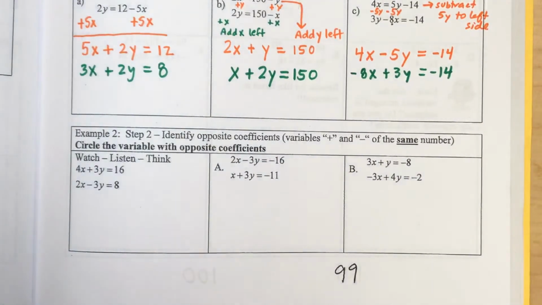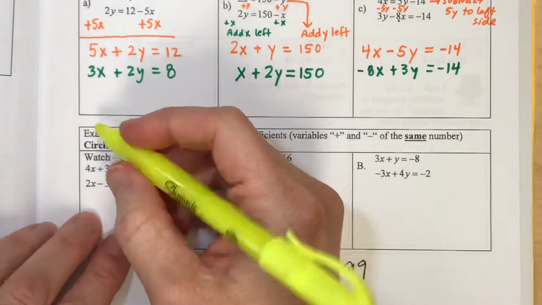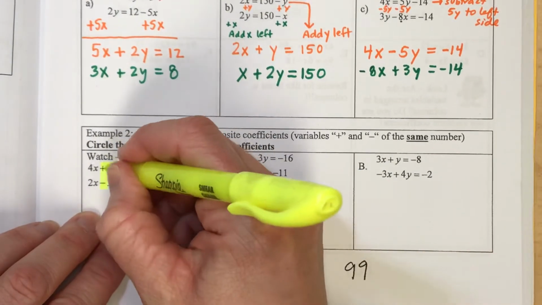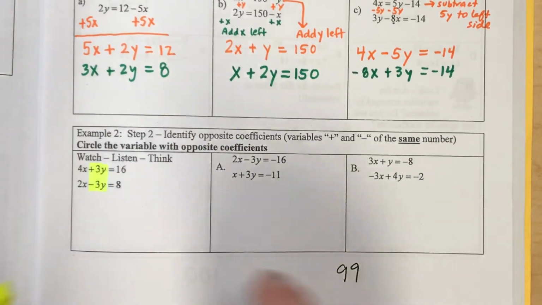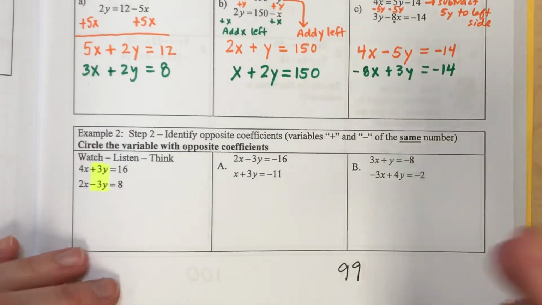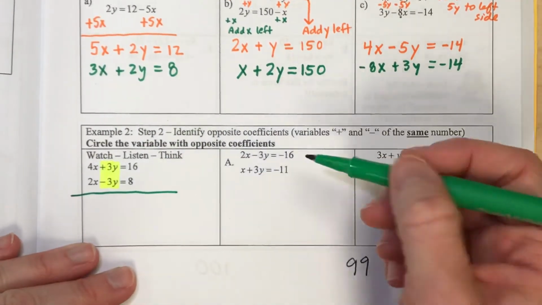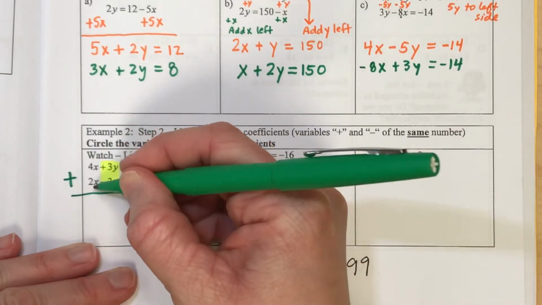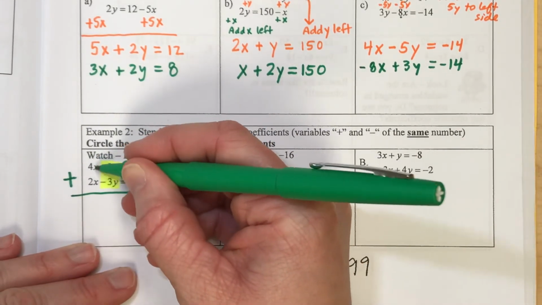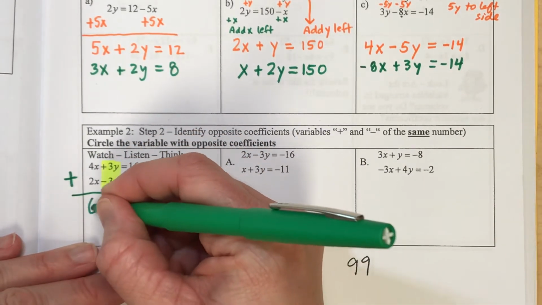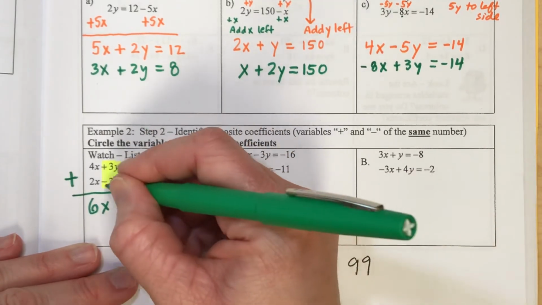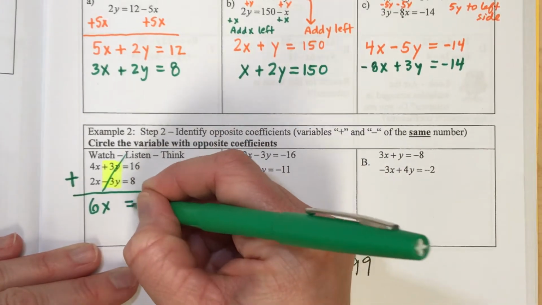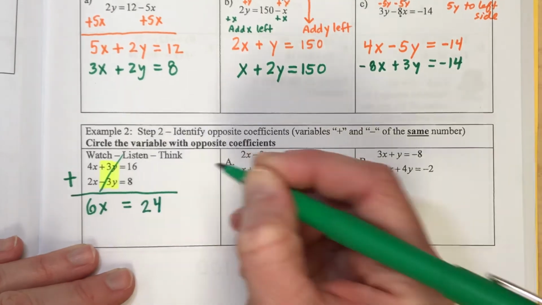And so I want you to see here that in your first function, your y has the same coefficient and opposite signs, and so the key here is that when you do your elimination and you add, you'll get your x's here that you'll combine. 4x's plus 2x's is 6x's. Your y's completely eliminate, and then you have equal to here 24.